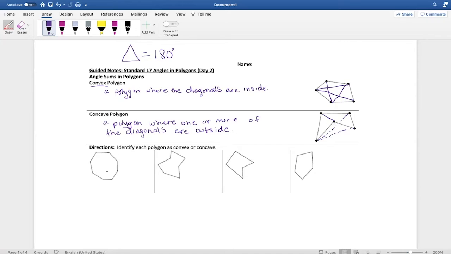So let's just identify a couple here. This one here would be concave. This one is also concave. And if you just want to double check, every diagonal that I can draw is on the inside.